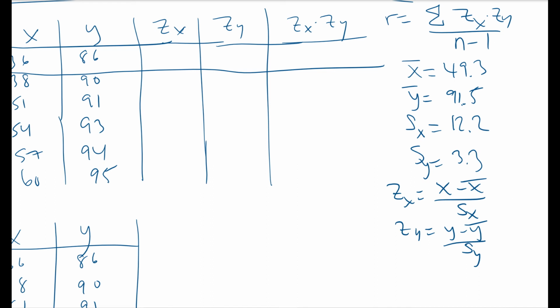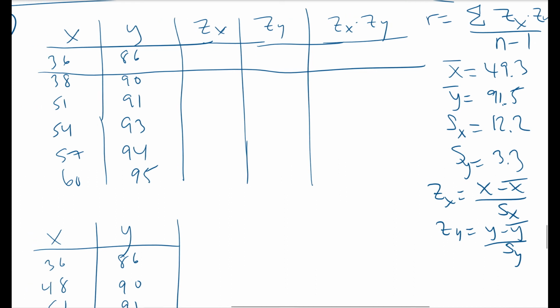So for the first one, it would be x minus x bar, which is 49.3, over sx, which is 12.2. That's how we would do the first one. And then for zy it would be 86, y minus y bar, over sy. So that's how we calculate that. I'm going to erase that now and replace it with what it should be on the calculator, but that's how you would calculate the zx and the zy. Okay, so for zx, you get negative 1.91.